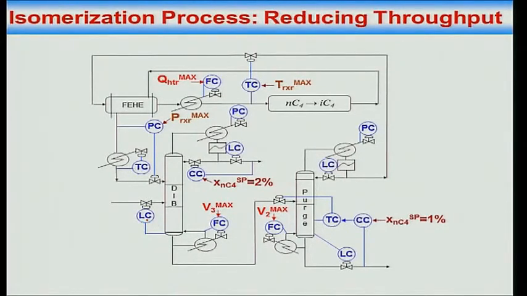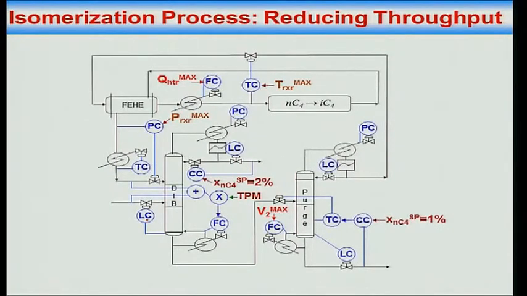Okay. Now let us say I want to reduce throughput. How will I reduce throughput? Well, I'll keep the boil up in the first column in ratio with the total feed to that column.